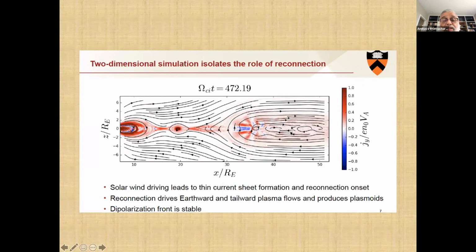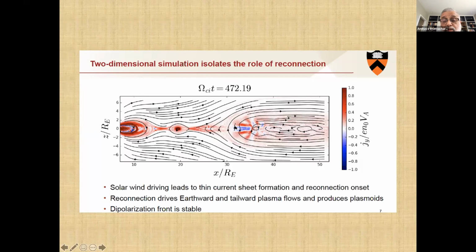So the two-dimensional results are that if you don't vary anything in 3 dimensions, then if you drive it with a dawn-dusk electric field, you thin down the current sheet, and you form X-line-like objects, like we were discussing, at about 35 RE or so. From this then emerge flows, both tailward and earthward, which is also sunward.